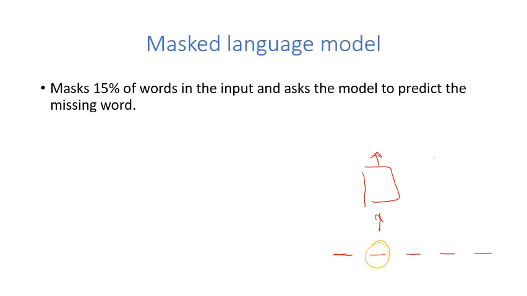So I want to define my objective function in a way that my output would be this word which has been masked. Okay, and then I mask another word, and then I want my model to predict that word. What's interesting about this is that I can do this training completely unsupervised. I don't need label data, and there is a massive amount of data on the internet. So basically, I can train a masked language model by masking some of the words and getting a stack of encoders to predict that. Okay.